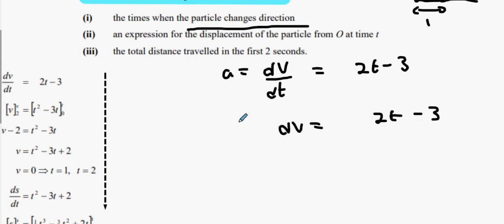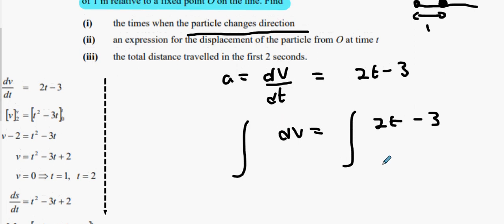What do we know about the limits? What's its velocity when t equals 0? 2. And we don't know the time, do we? What do we know though? The velocity is 0. I know the marking scheme uses v, which is fair enough, but we know the velocity is 0, don't we?